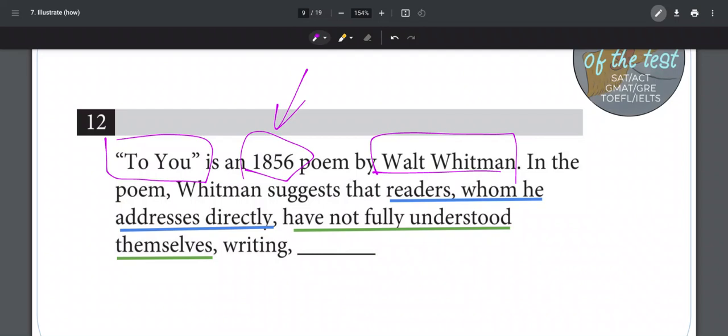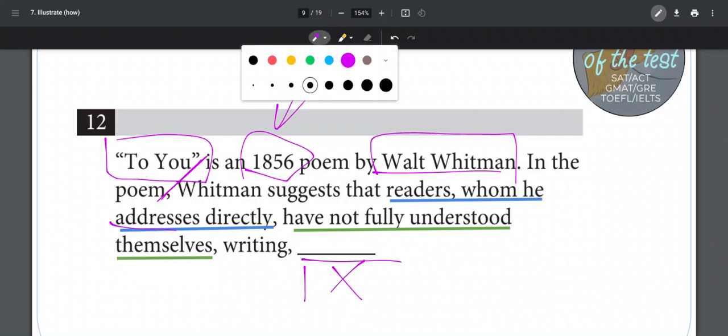Okay, and then the claim. What is the claim? Whitman suggests that readers, whom he addresses directly, have not fully understood themselves. And then this is the alternative. This is our X, what we're looking for. According to the blue part, we want readers whom he addresses directly. This portion of the poem is going to address the readers directly.